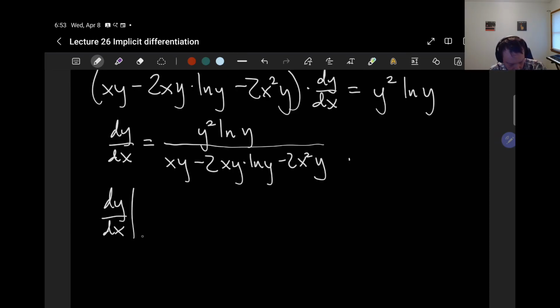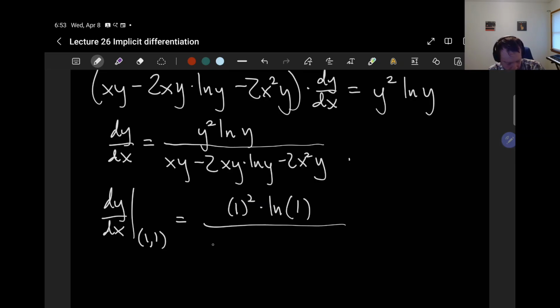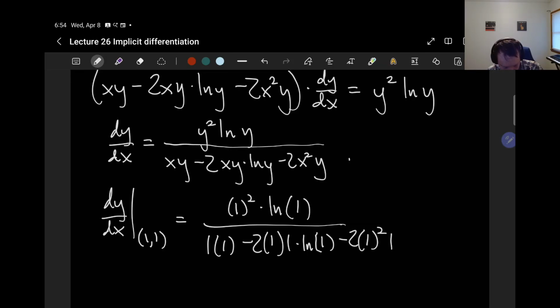So plug in 1, 1, get 1 squared times ln of 1 over 1 times 1 minus 2 times 1 times 1 times ln of 1, minus 2, 1 squared times 1.